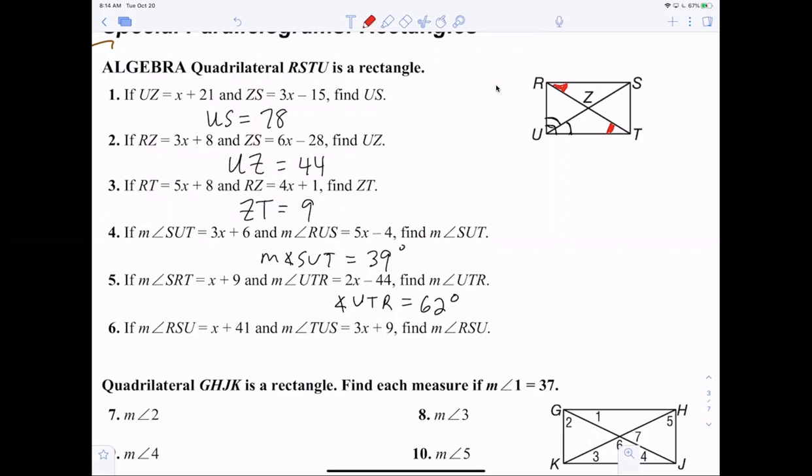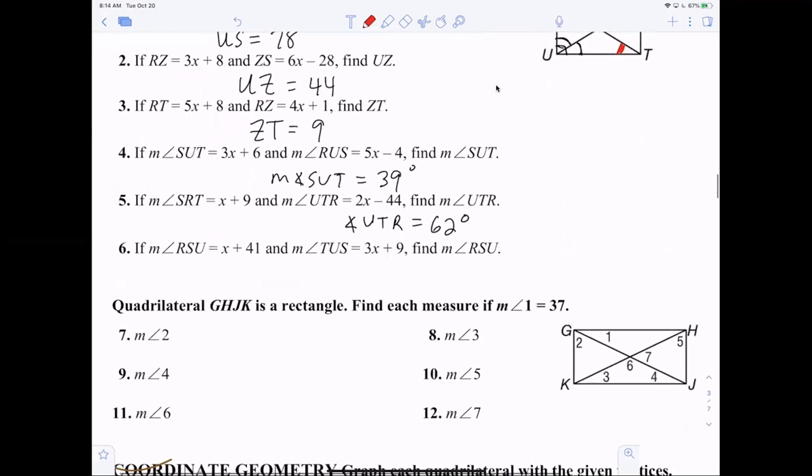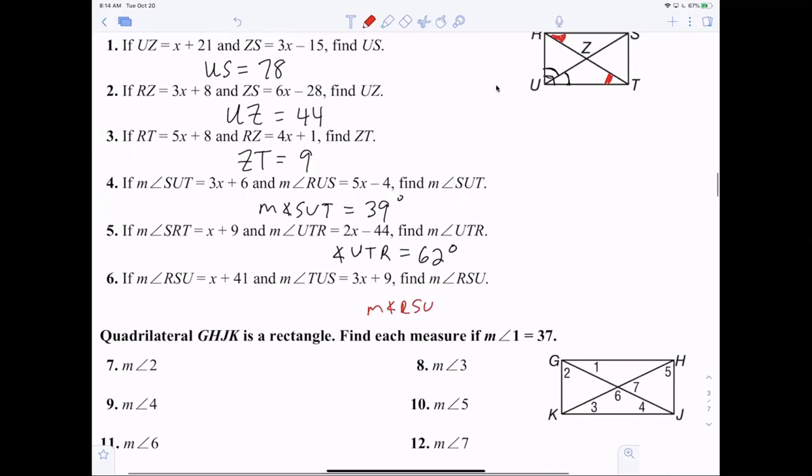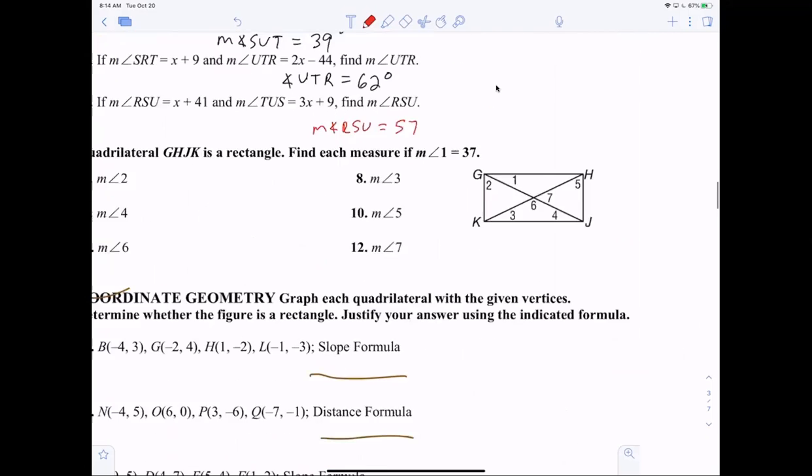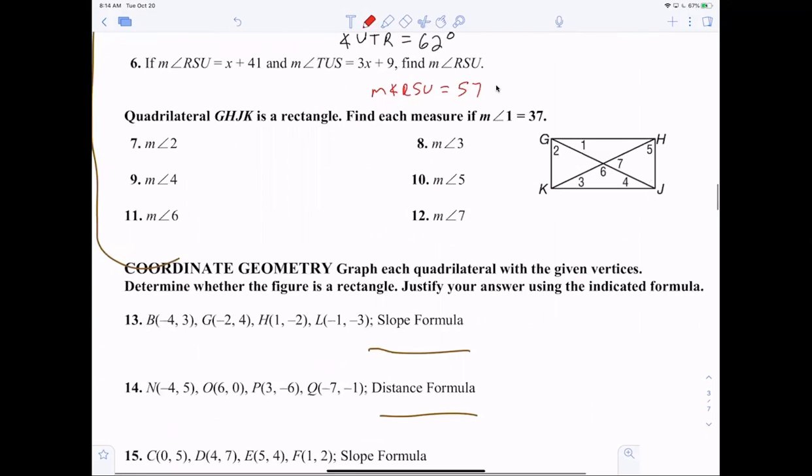Reed, you good? All right, let's try number 6. What did we say RSU was? Anybody have any questions with that? Everybody's good? All right, here we go. Number 7, what's the answer? 53?